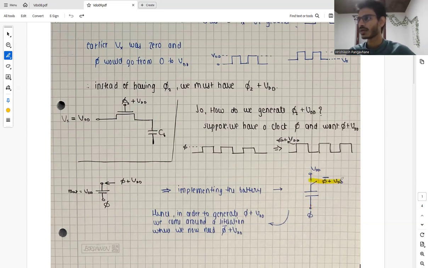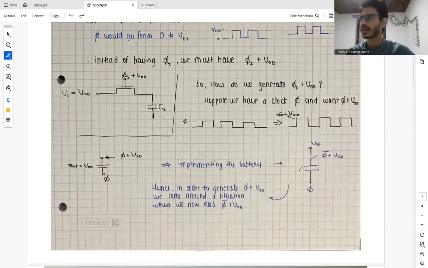If we want phi plus VDD, phi will go from hold phase to track phase, right? In track phase we need phi plus VDD, and in hold phase this capacitor is sitting idle, so we can charge it with VDD again and refresh it. We have seen this concept already. That's why we need a switch over here.